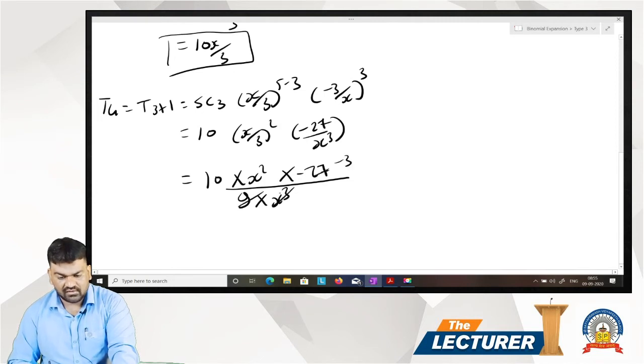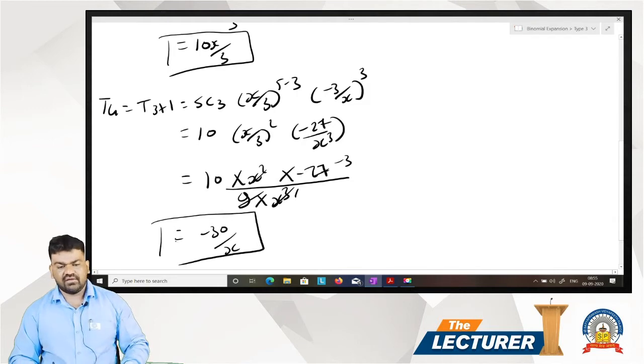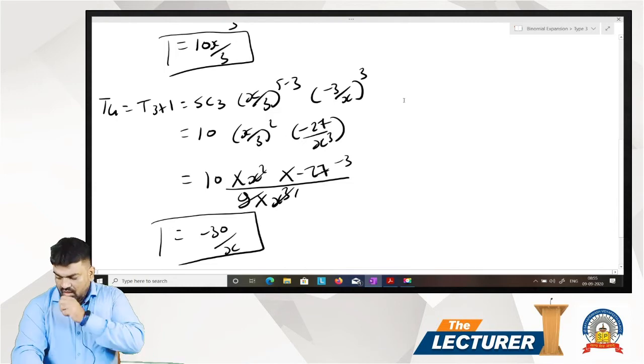This is minus 3, this is 1. So minus 30 divided by x. Middle term is 10x divided by 3 or minus 30 by x.